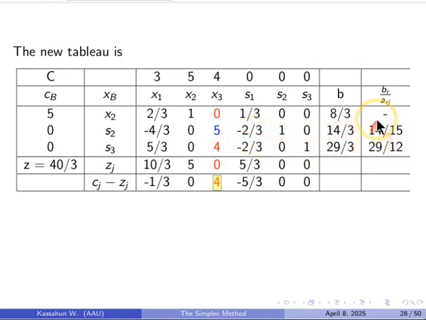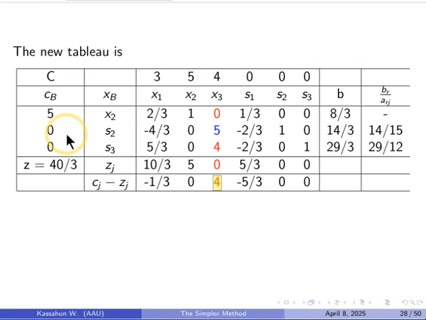So out of the two, this is the minimum, so this will be our pivot point. This is the pivot row, the pivot column, and the intersection is the pivot point. So from this we see what is leaving and what is entering. Now x3 is going to enter the basis, while S2 is leaving the basis.